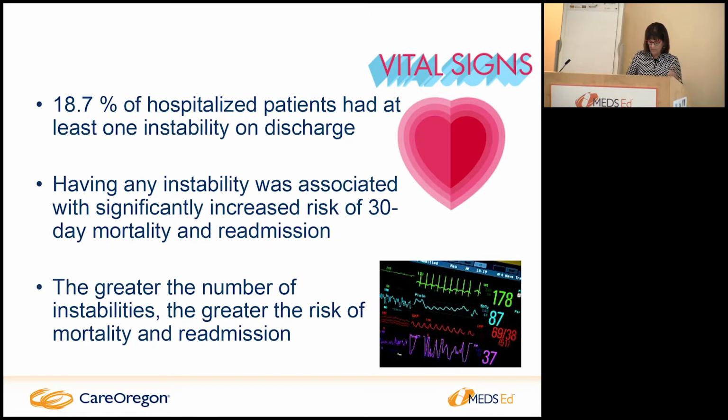Almost 17% of these patients with one vital sign instability at discharge either died or were readmitted in 30 days. If they had 2, it was 21.2% readmission or death. And if they had 3, it was 26%. So think about that. I mean, this is kind of common sense, and that's pretty significant. That's almost 20% of patients being discharged from hospital, and this is a very easy thing to address.